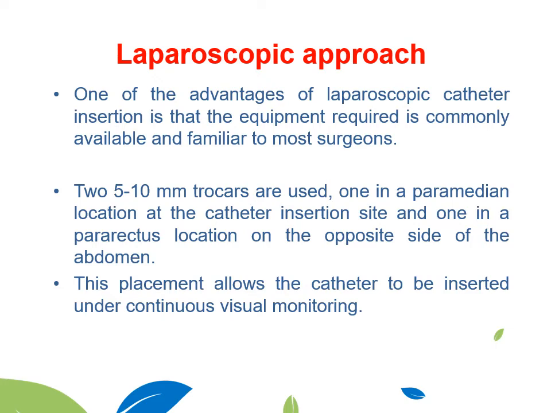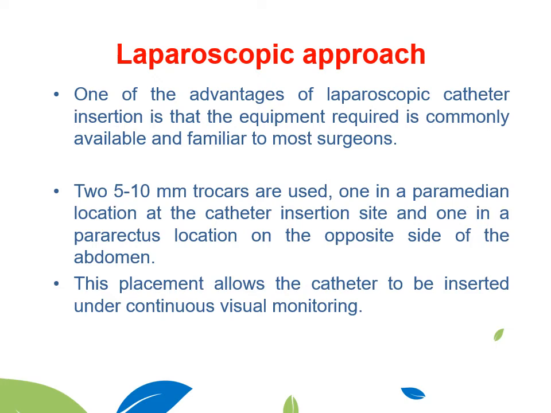What about the laparoscopic approach? This has a big advantage, because most of the centers are now equipped with laparoscopy, and most of the surgeons are trained. You need only 2 trocars, 5 to 10 millimeters: one in the paramedian location, where the catheter is inserted and held, and the other in the pararectus location on the opposite side, where you can handle the catheter.